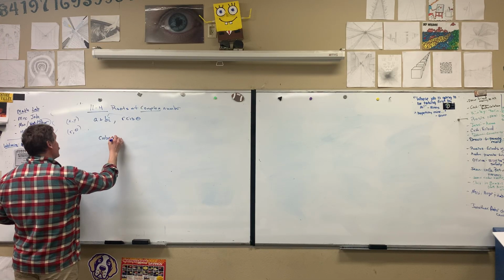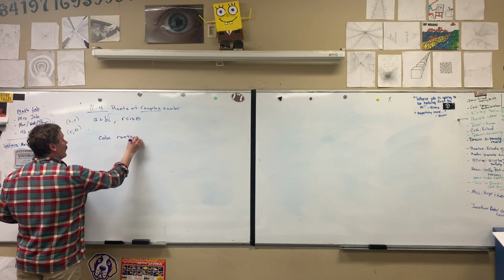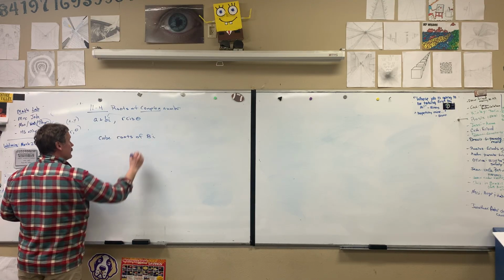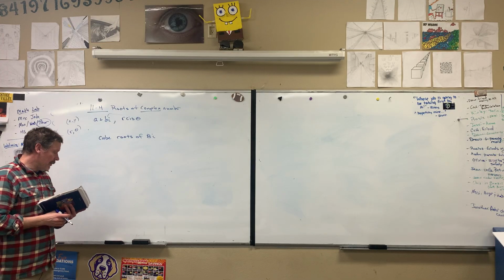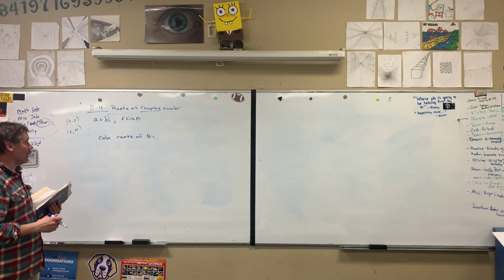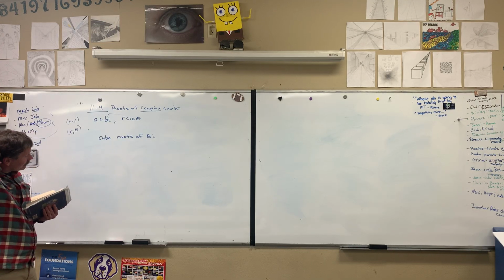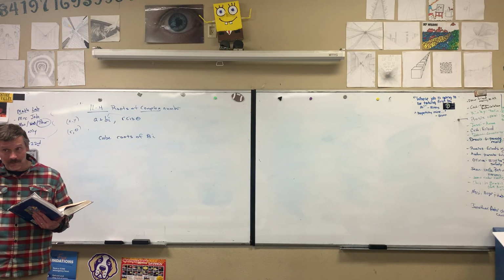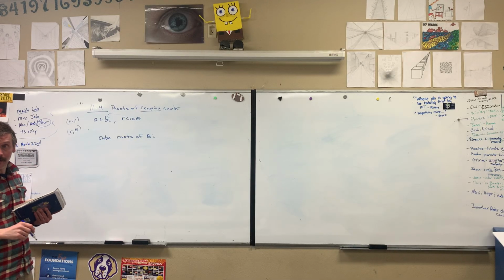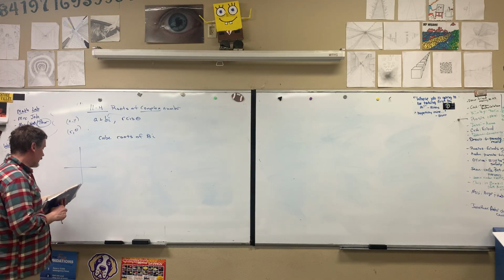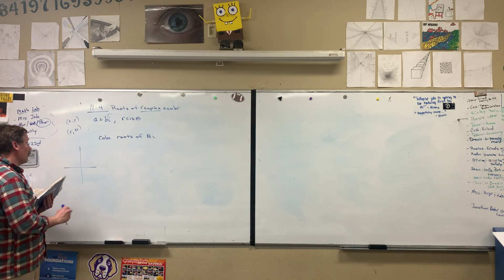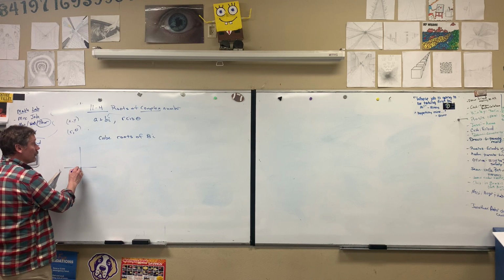If we were to do the cube roots of 8i, okay, the cube roots of 8i. So 8i, is this in rectangular or polar form? Let's start with that. Rectangular form, right? If we were to graph this on a diagram, where would this be?